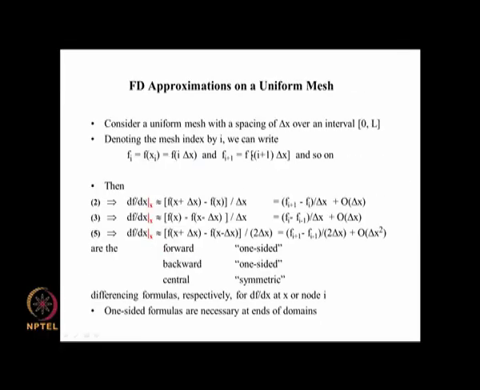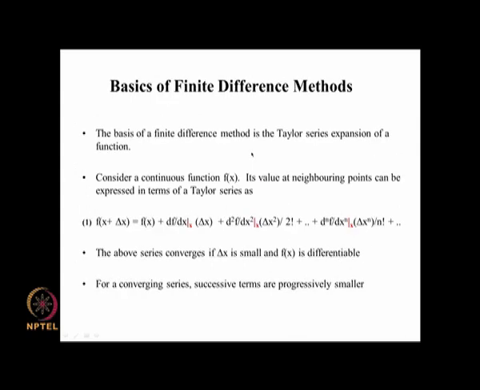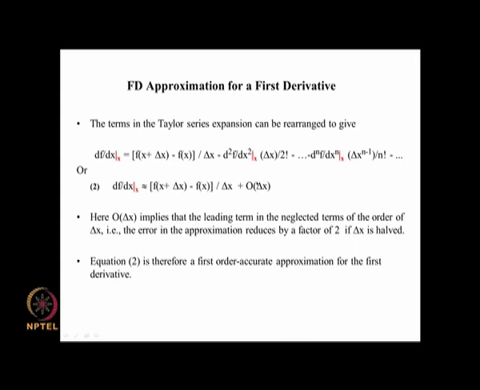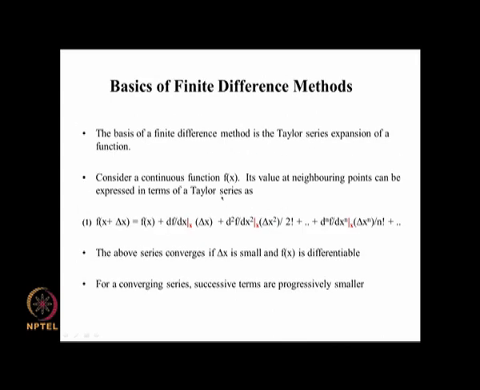If you go back to the Taylor series expansion here, in central differencing, it is the third derivative which is being neglected from this term onwards, and in the case of one sided differencing, it is the second derivative and higher terms that are being neglected.